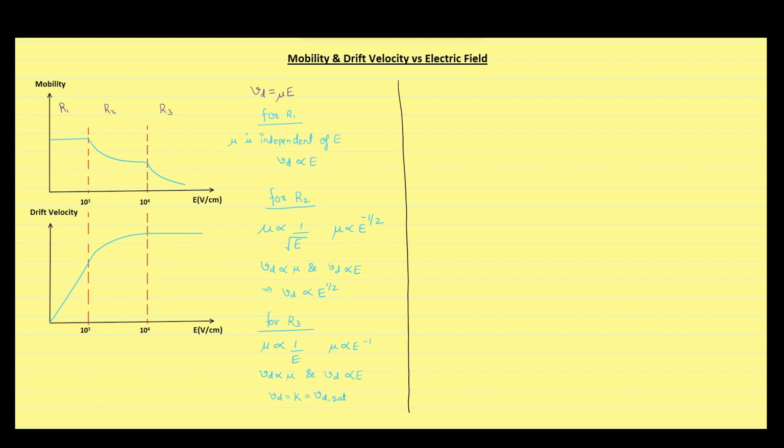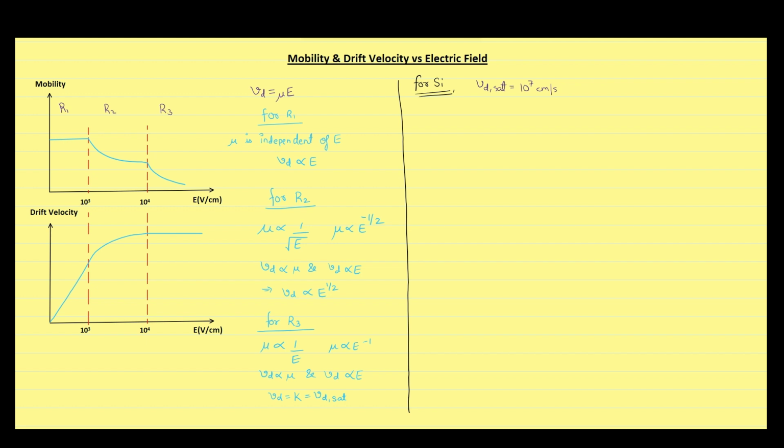Now, if we take silicon for reference, saturated drift velocity is of the order of 10 to the power 7 centimeter per second. The value for saturated drift velocity changes for electrons and holes, however, they change only slightly.